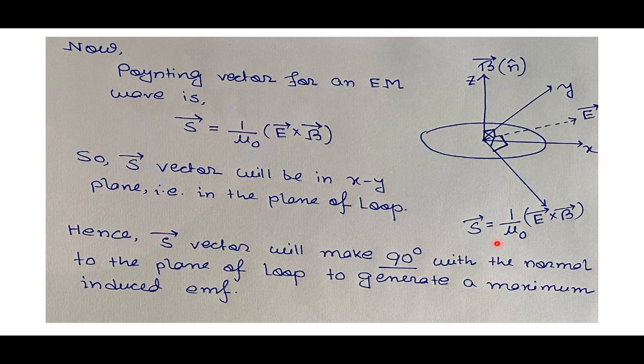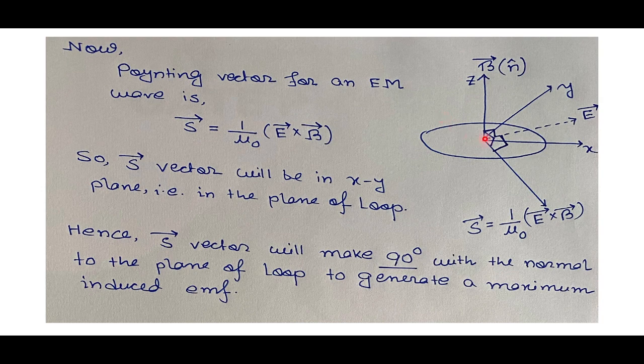Okay, now you know your Poynting vector is 1/mu naught E cross B, that is along the propagation of the electromagnetic wave, that you know. So now just imagine your electric field vector is in the xy plane, and the B vector is along the n cap or z direction. So E cross B will also lie in the xy plane. You can understand this, right?